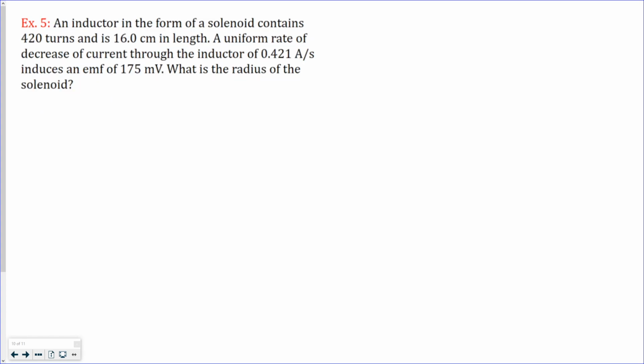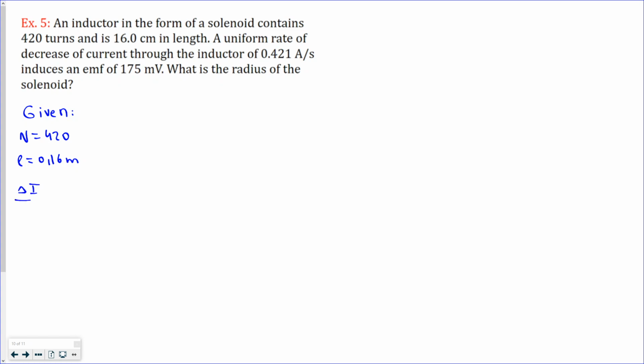Now this is the last problem. Again, let's write the givens here. What do we have? The number of turns is 420 and the length is 0.16 meters, and we have the rate of decrease of current.